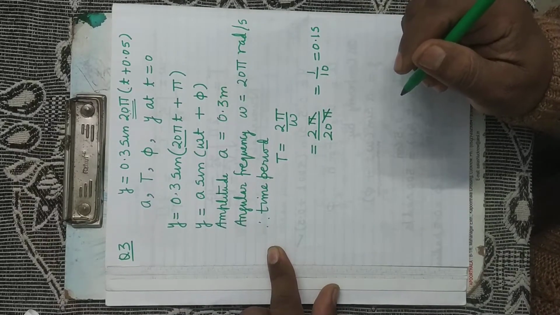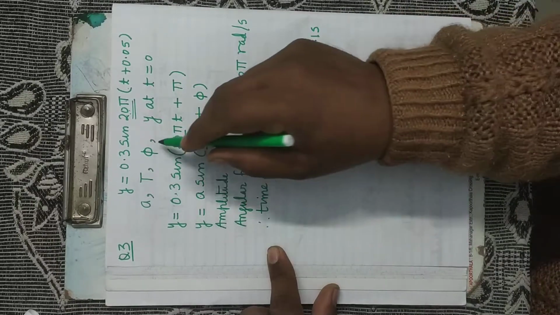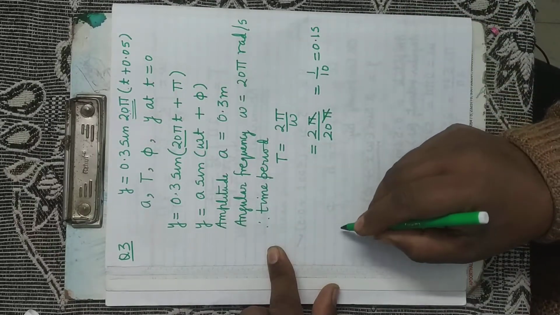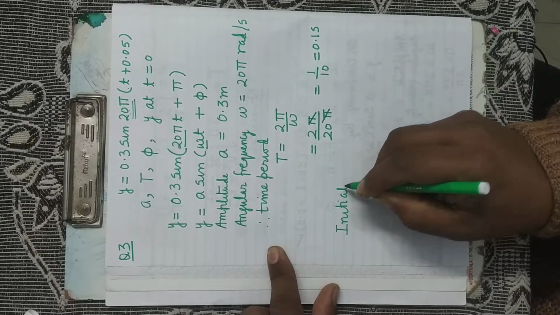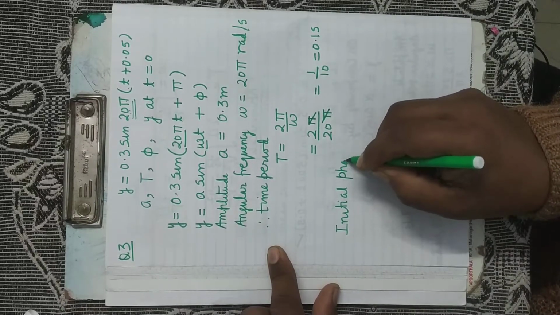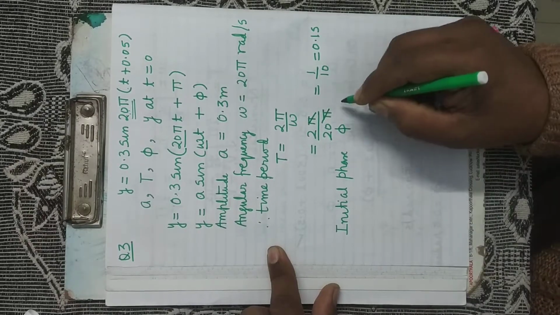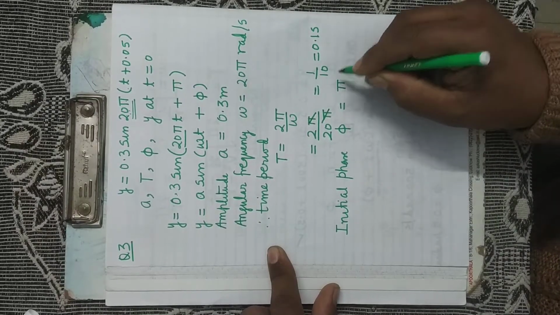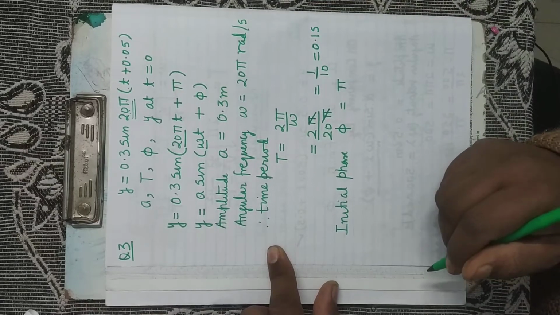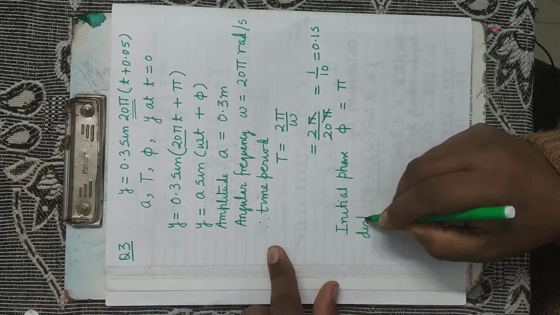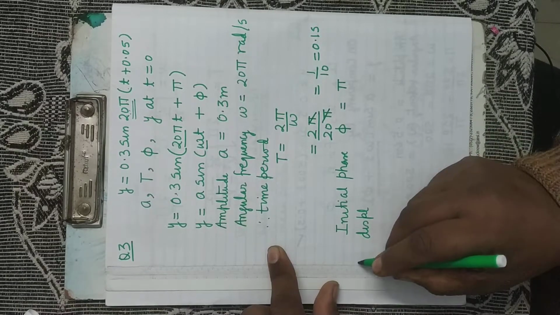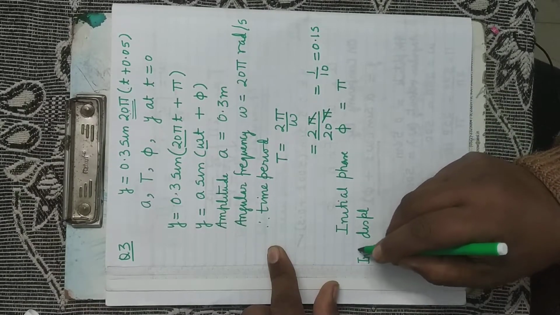Now after that you have to find the phi, initial phase. So initial phase phi will be equal to pi. Then displacement at time t equals to 0. Displacement, that is initial displacement.